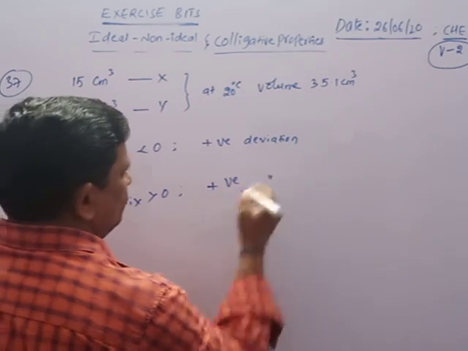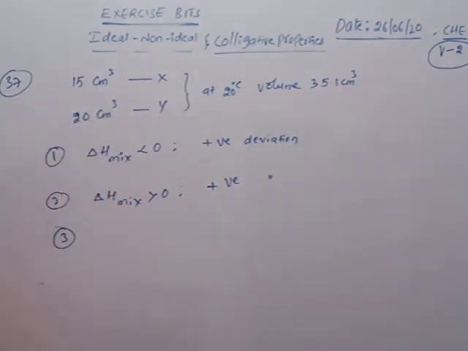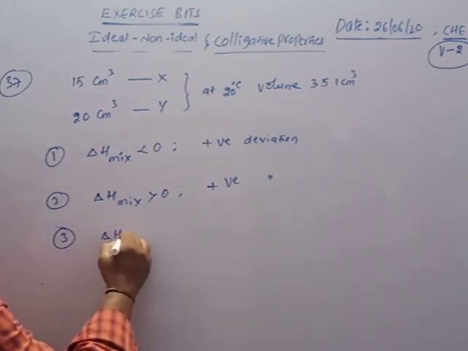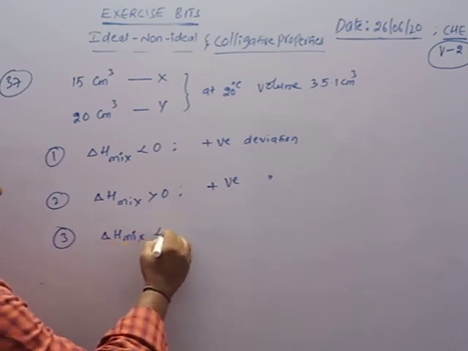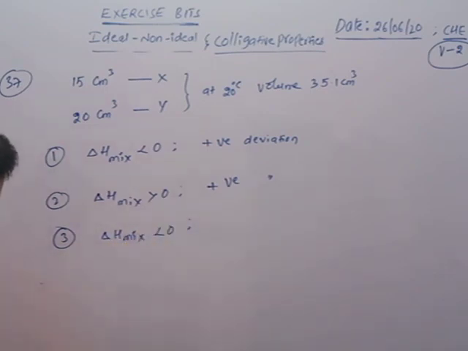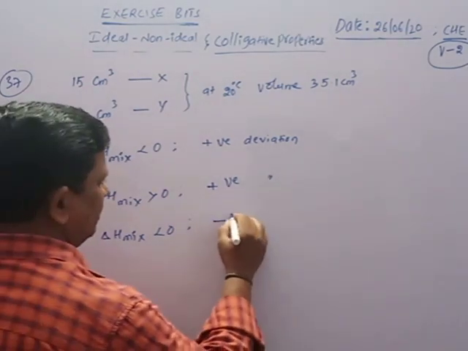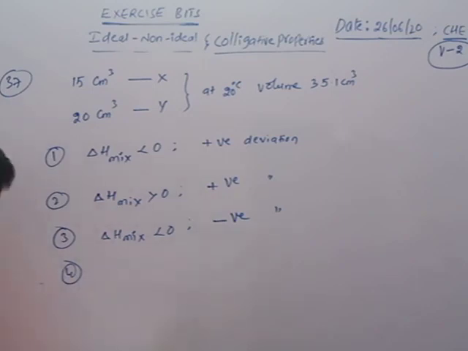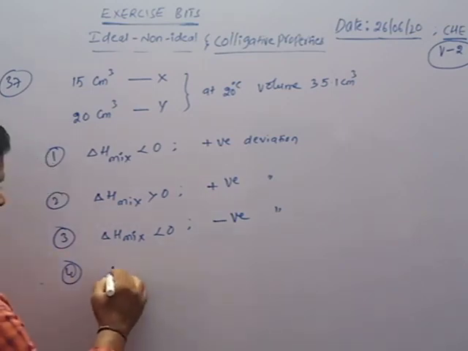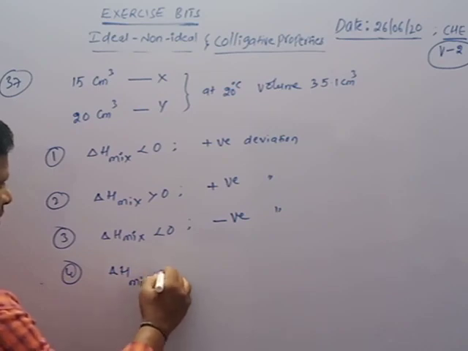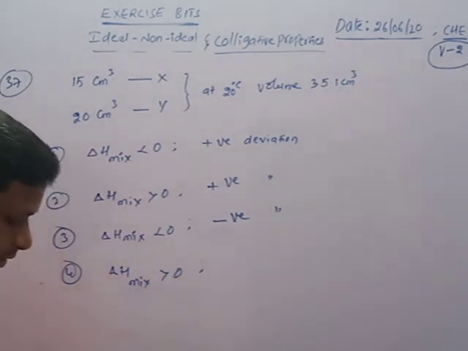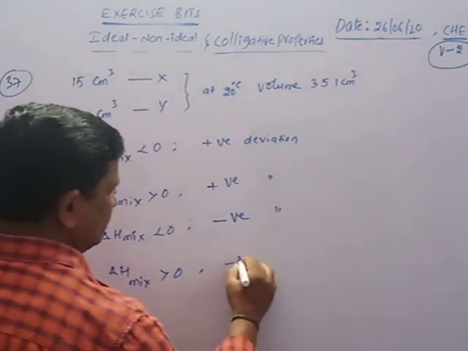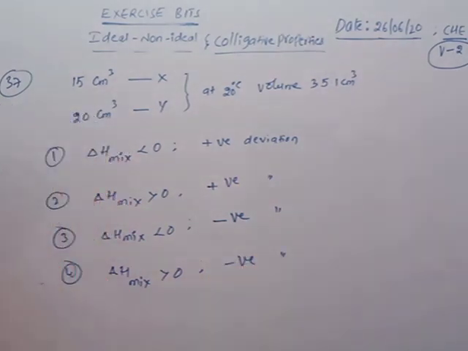The third option is delta H mixture is less than 0 and it shows negative deviation. The fourth option is delta H mixture greater than 0 and it shows negative deviation.